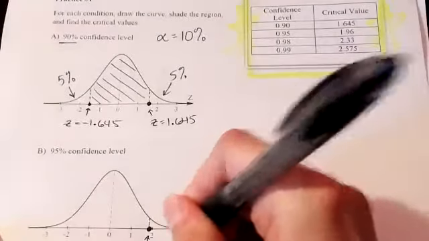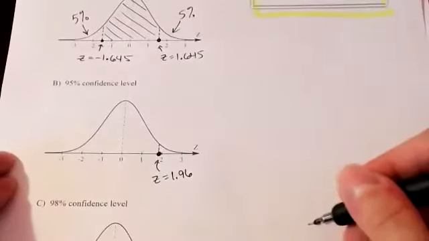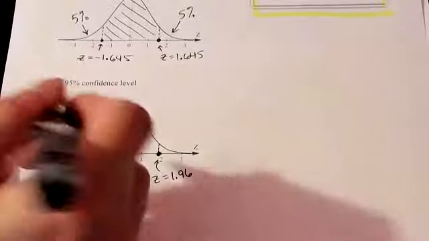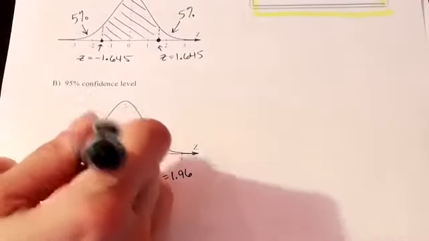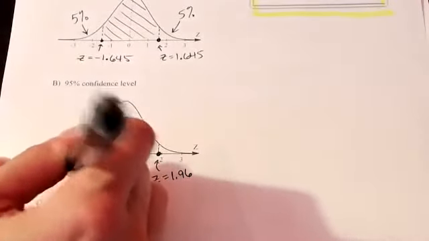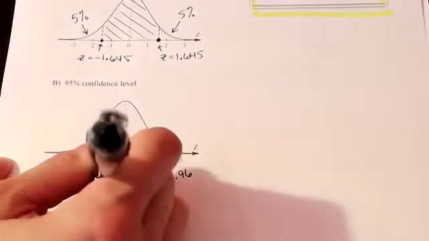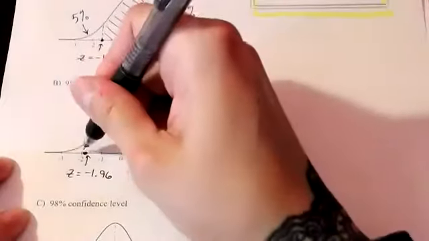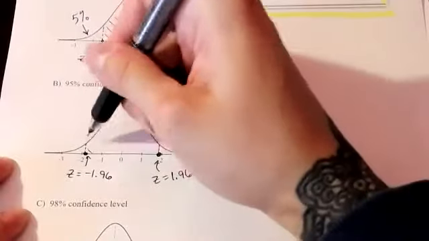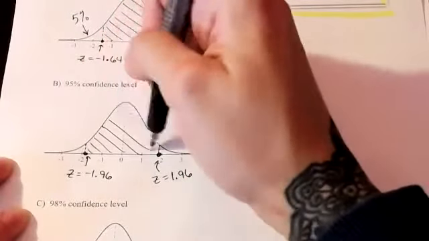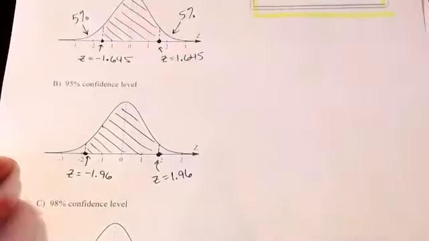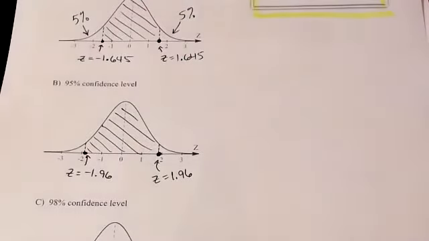So we also have the negative 1.96 to plot as well, which is right here. So that is negative 1.96. We're going to draw the dotted lines up and shade this middle region, which represents our 95% confidence level.